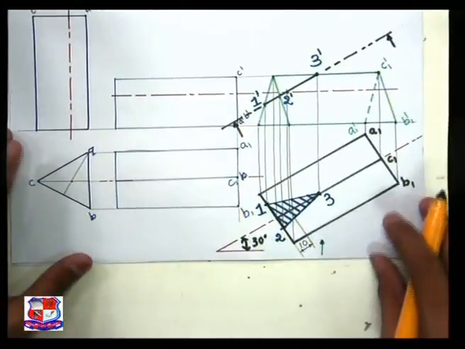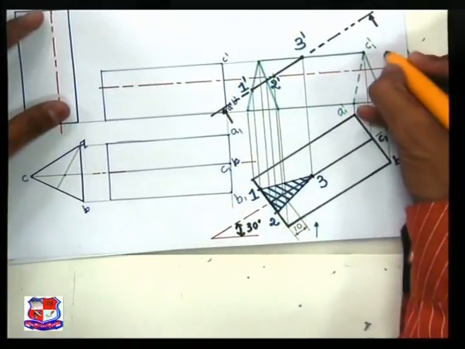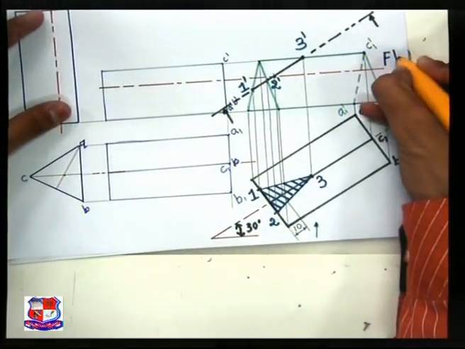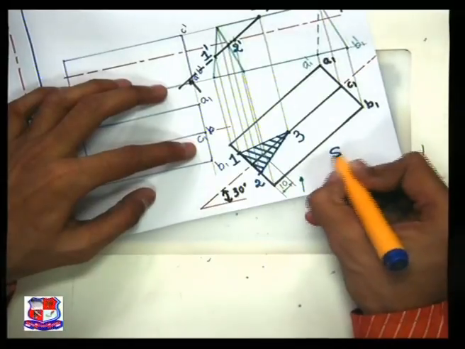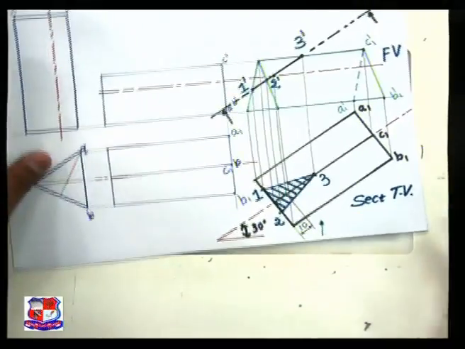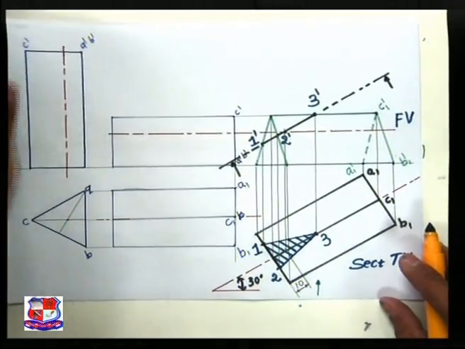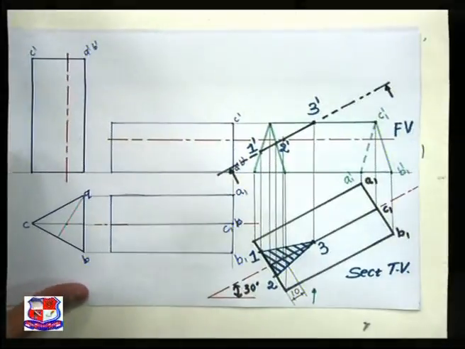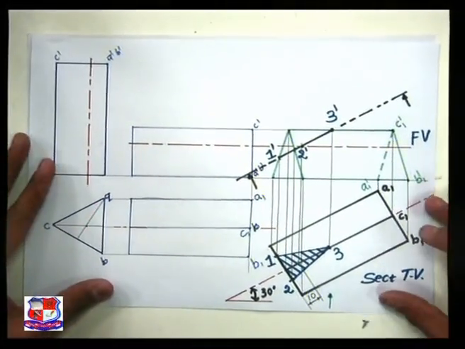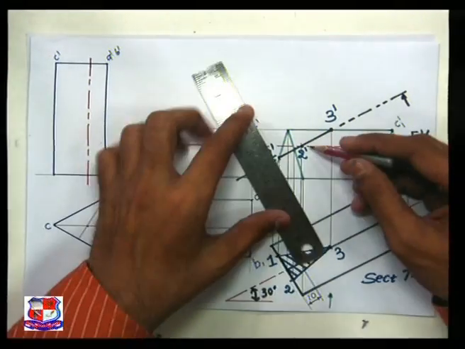So this is the sectional top view and this is the front view. You can name the views. It's a front view and it's a sectional top view, right? Here true shape is not asked, but you can draw the true shape with the similar method which we drew earlier by drawing vertical lines from respective points 1, 2 and 3 like this.